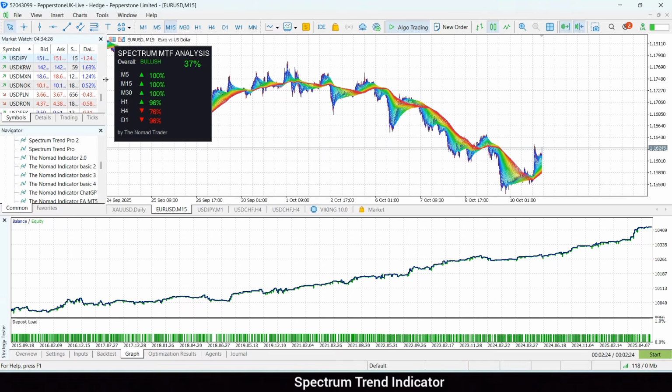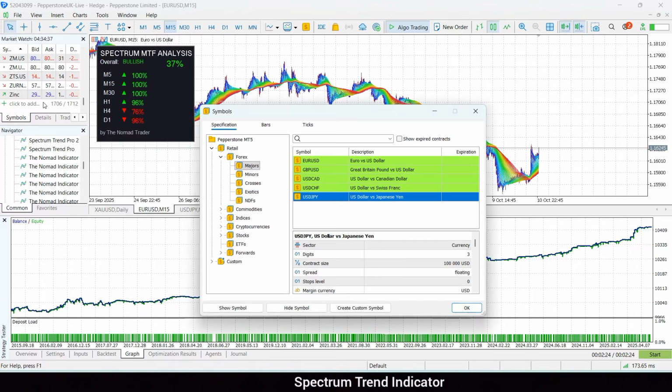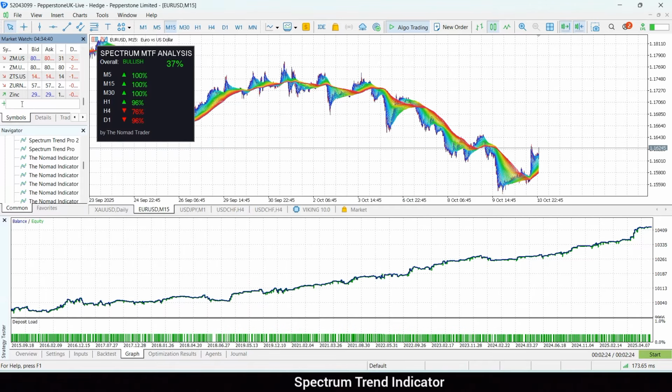This is also a tip for you if you are developing an indicator, and I want to show it to you on gold as well.